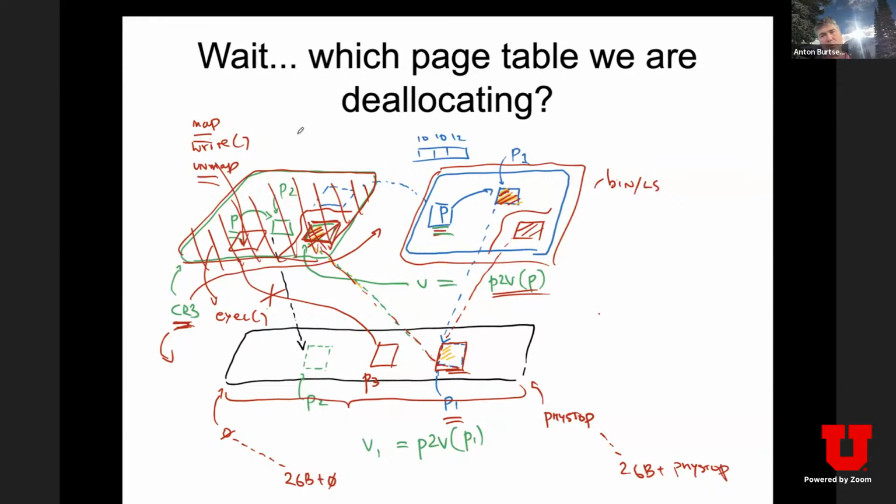And if I ask you a question, how do you deallocate an address space? It's kind of an easy question, but I still wanted to ask. So what's the algorithm? How do we deallocate the address space?